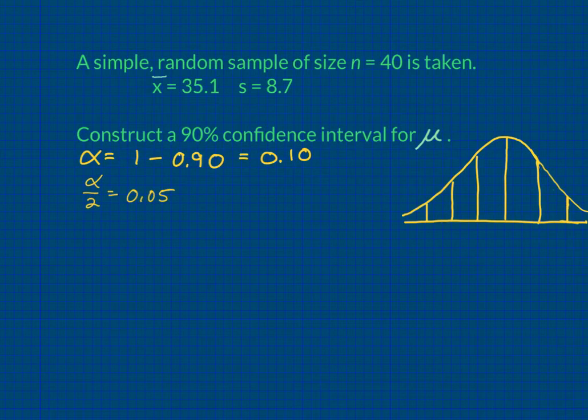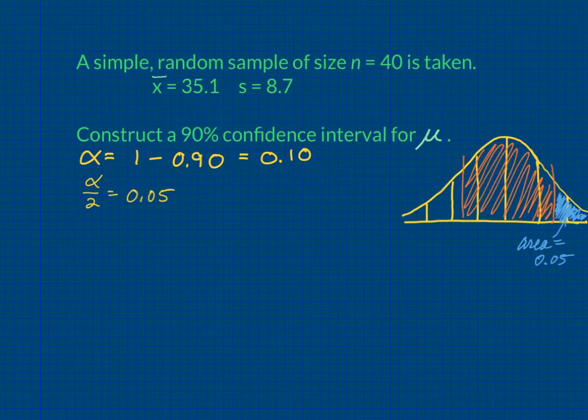And that means that we would have 90% of the data between those two values. We need one more thing before we can refer to the t-table, and that is the degrees of freedom. Since the sample size is 40, the degrees of freedom is 39. So we go down the side to 39, and we go across to the column that corresponds to 0.05, and we get 1.685.